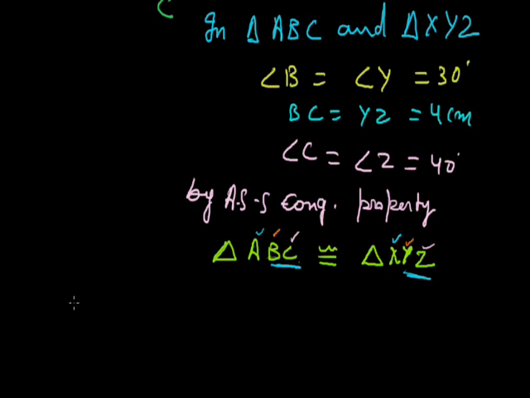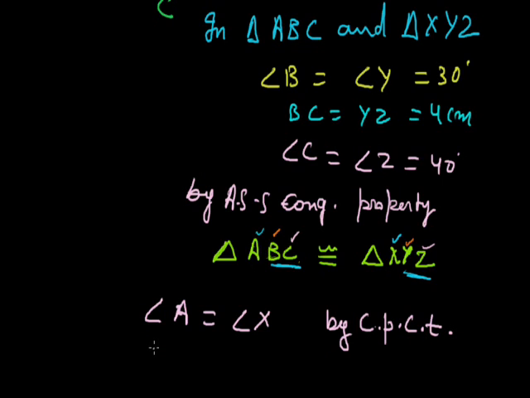That is, we can conclude that angle A is equal to angle X by CPCT, that is corresponding parts of congruent triangles.